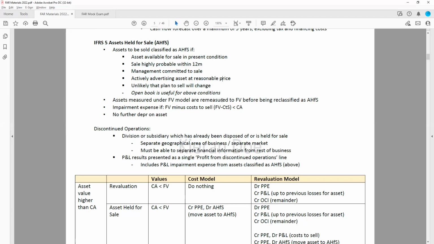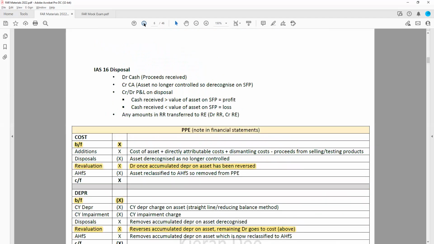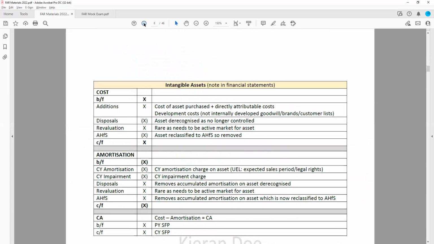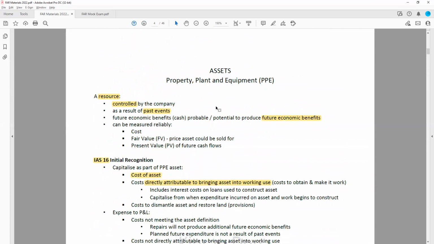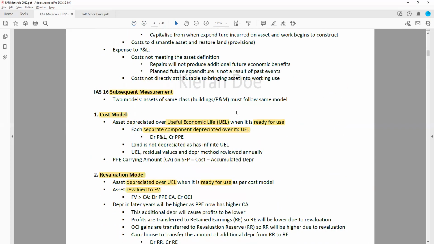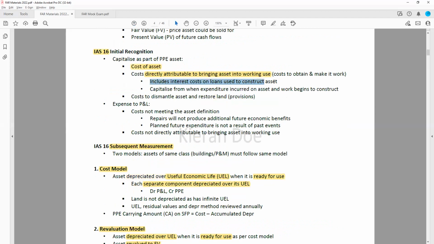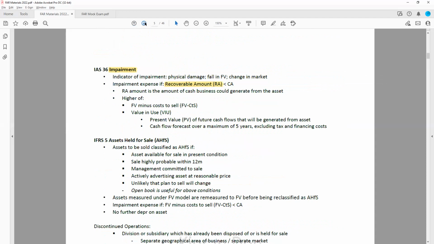Other areas where it's quite useful, and it tends to really be around assets, but intangible assets, when we think about whether you can capitalize research and development costs, that's quite useful as well, because there are 5 strict conditions there. And maybe borrowing costs as well, because there are rules there about when the capitalization starts and when it ceases. So you might find that useful. And that's really where I find it useful.